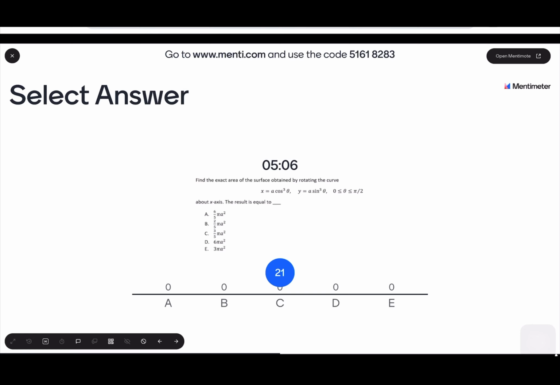Although the question is in theta, we are not yet in polar. This is still parametric. The surface area is either 2 pi x or 2 pi y depending on the rotation. 2 pi x dL, 2 pi y dL, right? dL is the same: the square root of one derivative squared plus the other derivative squared.